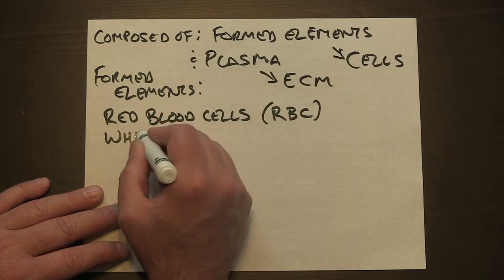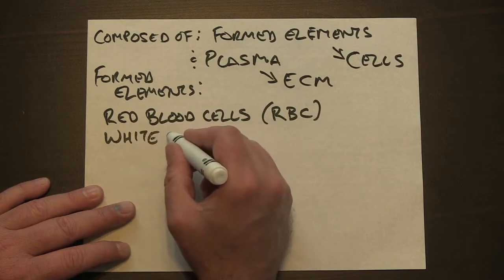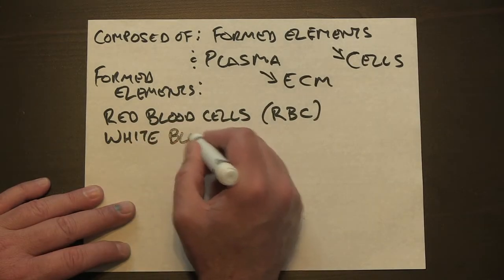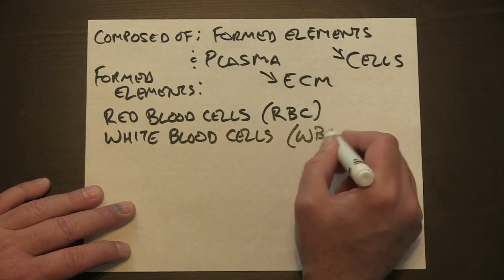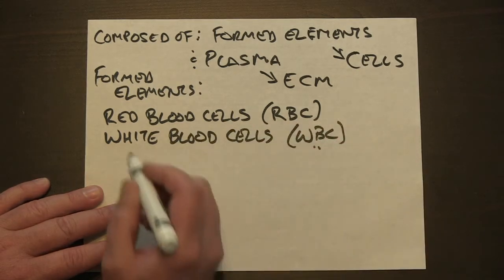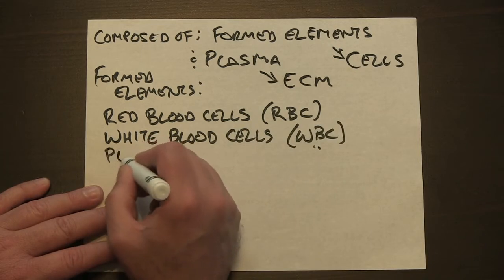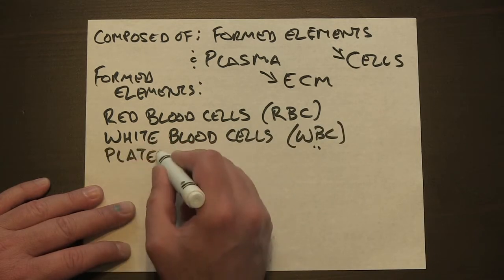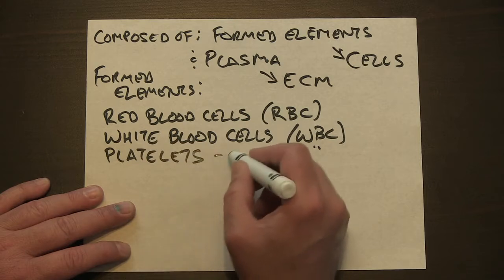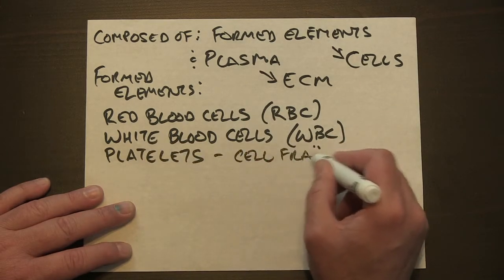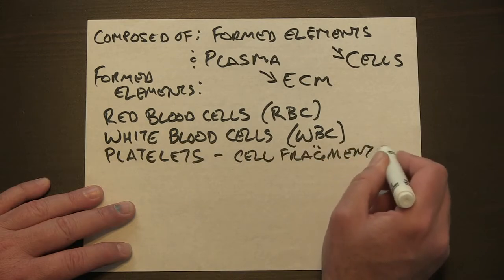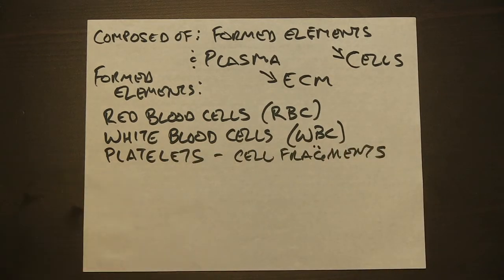Also the white blood cells, which are important for the immune system, or the WBC, and we'll talk more about those. There's a bunch of them. And then what are basically fragments of cells, the platelets. These are important in helping stop bleeding.